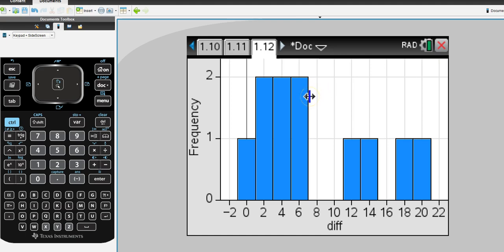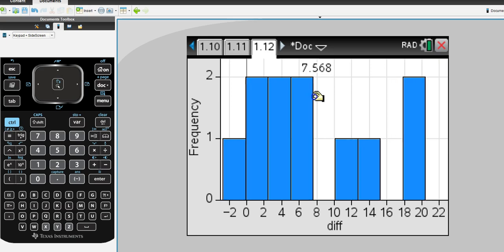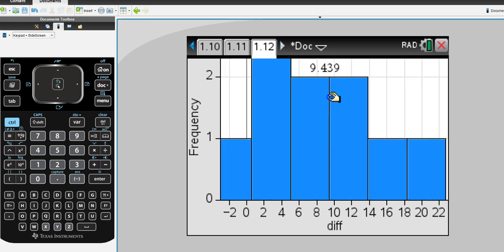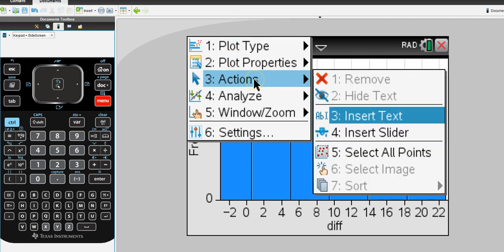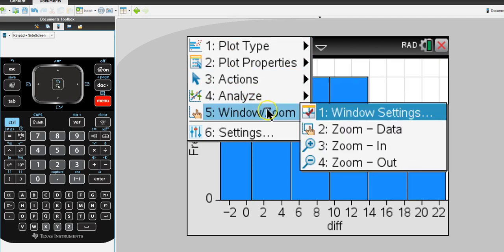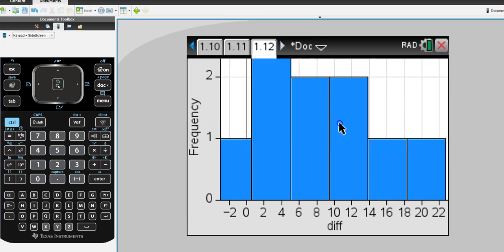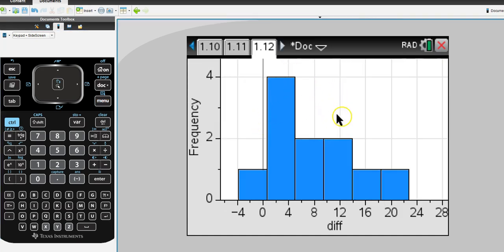So if you hover your cursor over the edge till this little bar with 2 arrows on, hold down until the hand closes, and then just drag together. Okay, so notice here I've dragged together so I have bars connecting. Looking at this, it's a little bit right skewed, but nothing so severe that I would think this would be a problem.